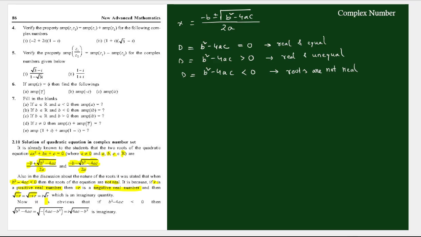Or we can also bring out the i, so i root over of r. Okay, so now i comes out, so this is called your imaginary. Fine.